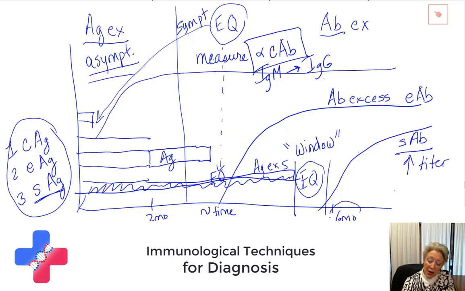If this does not happen before 6 months, then I define the case as a chronic case of hepatitis B. That is the medical definition of chronicity in this disease. If I have a window before 6 months, I'm going to recover. If I do not, I'm never going to recover.